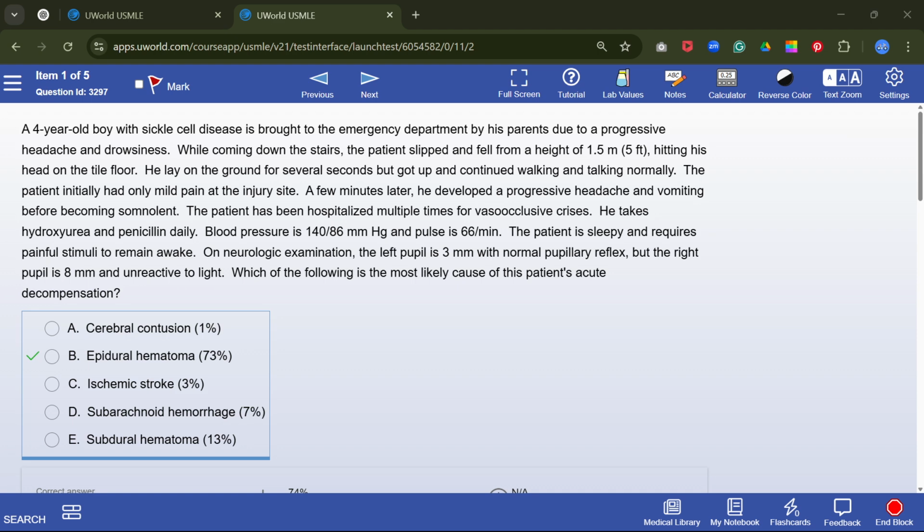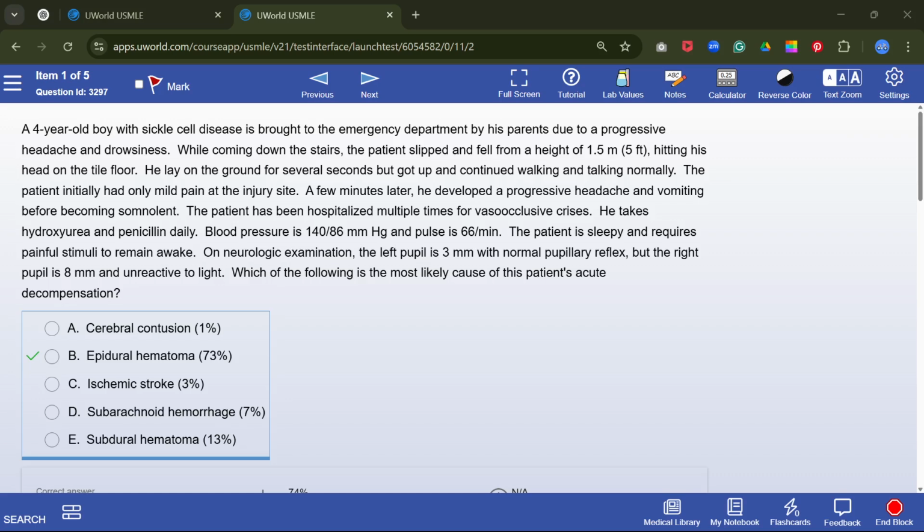Looks like uncal herniation, and the most important part here is epidural hematoma. It is lens shaped, with a lucid interval, not crossing the suture line.